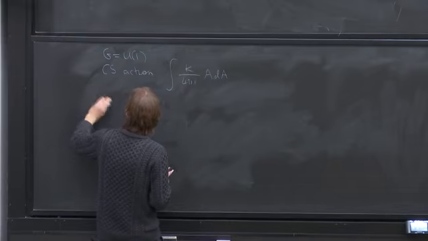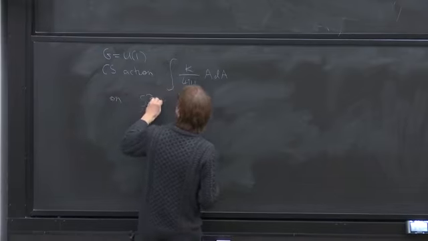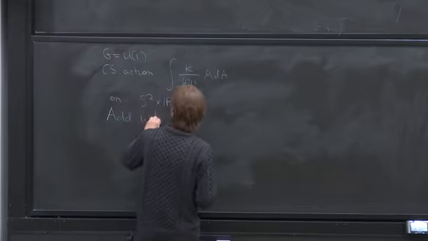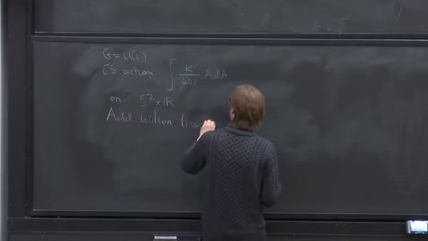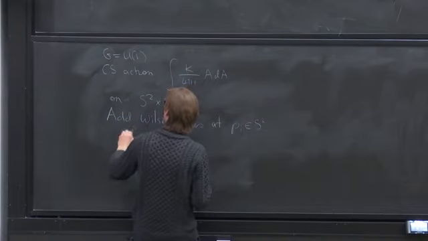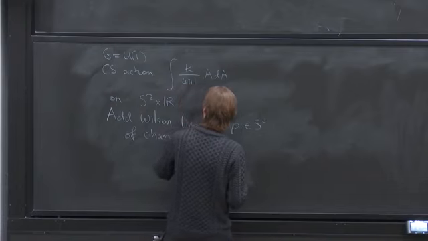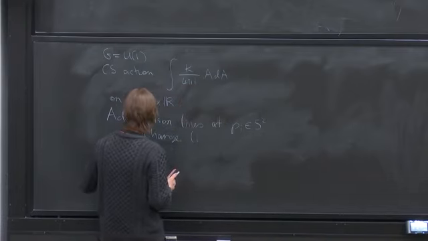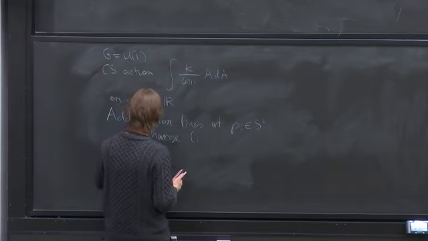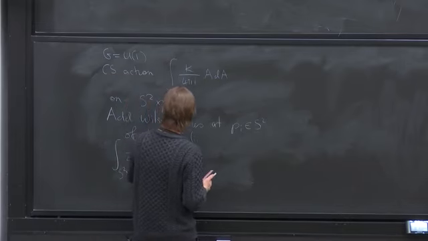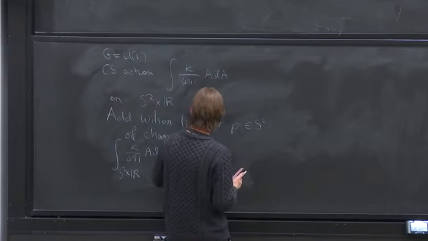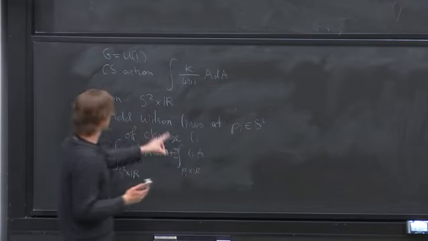And we want to add, this is going to be on S2 times R, Wilson lines at Pi in S2 of charge Li, so that we get the integral over S2 times R of K over 4 pi i A dA plus the integral over Pi times R of Li A. This is my Lagrangian.